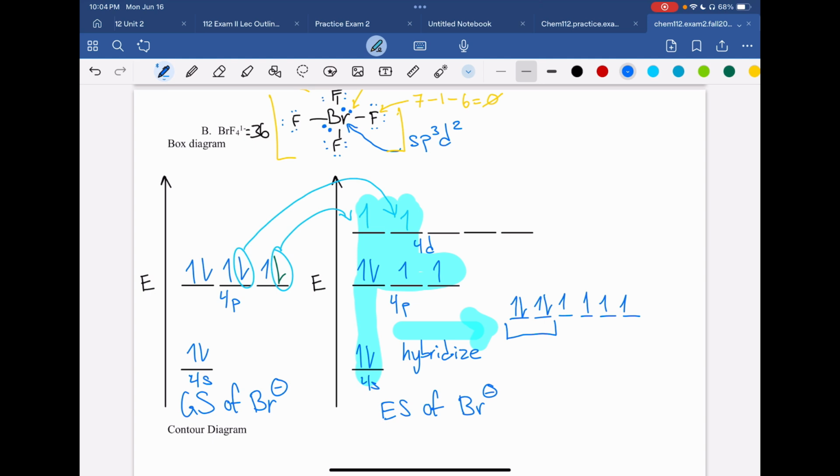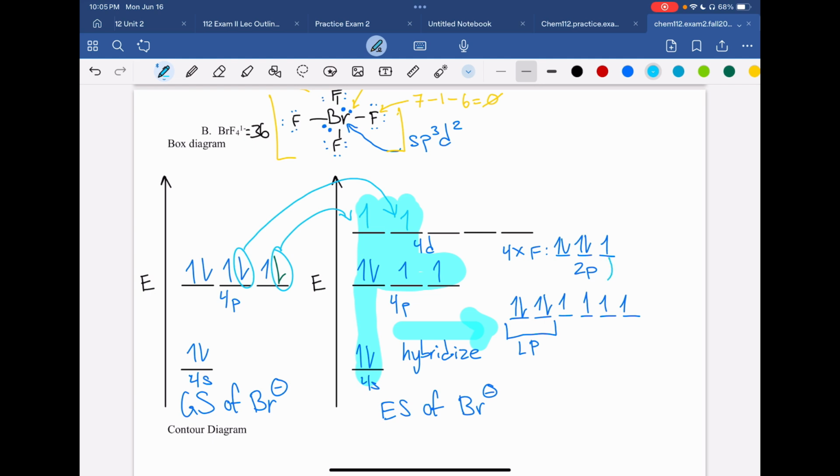What are these guys called? These are your lone pairs. Then, here come your fluorines. There's 4 of them. Your fluorine occupies the 2p. Okay.